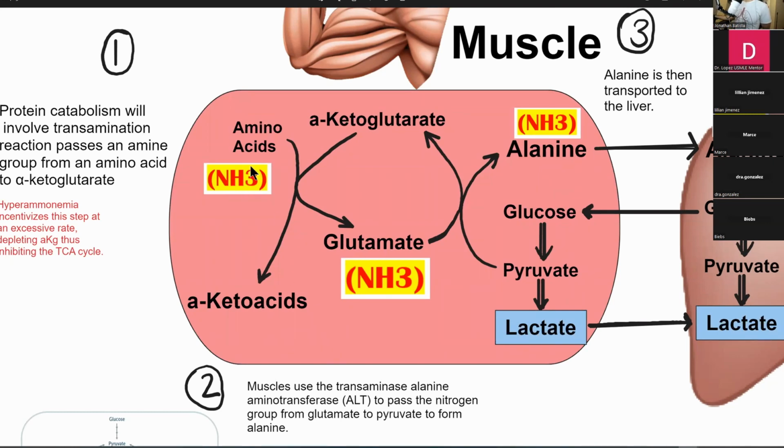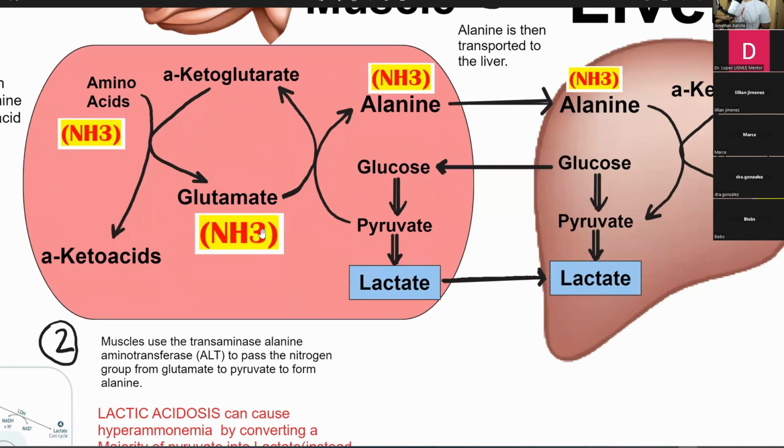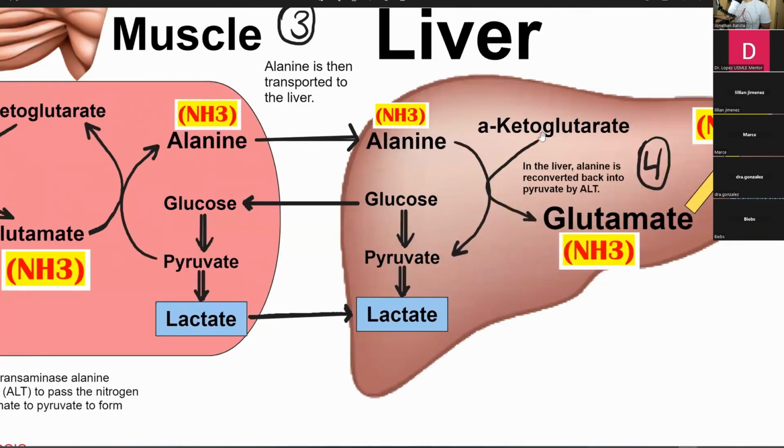So what we're seeing here is the passing on. It's like hot potato. They're passing on this ammonia from one amino acid to another amino acid. Now we have glutamate that grabs it. Here you have alanine that grabs it. An important point we should make is that this glutamate and this alanine can both travel in the blood with ammonia to go to the liver and run the urea cycle.